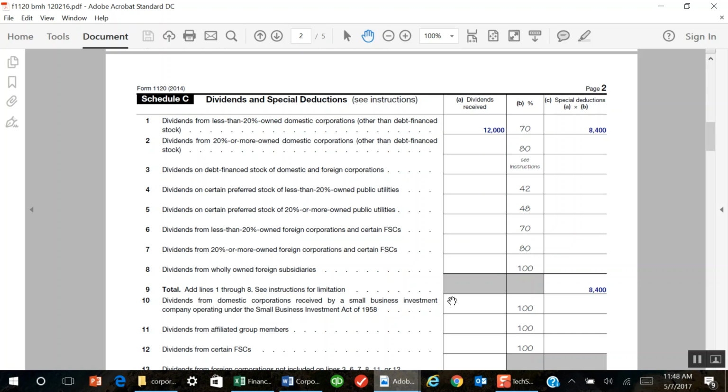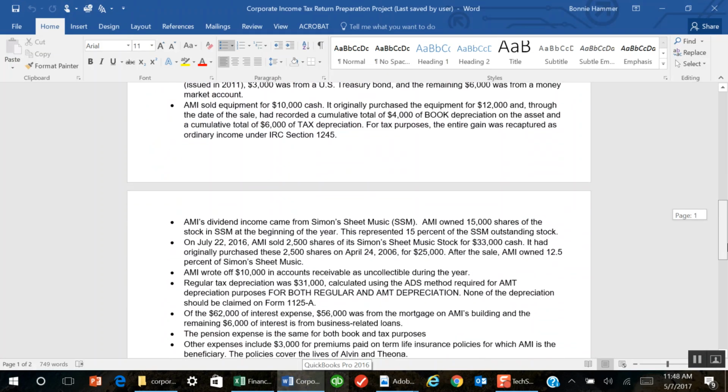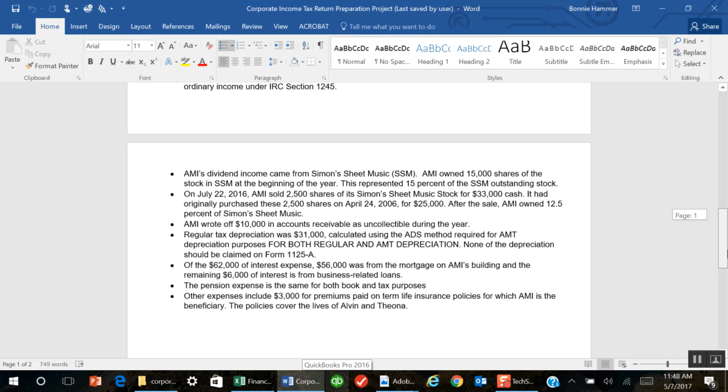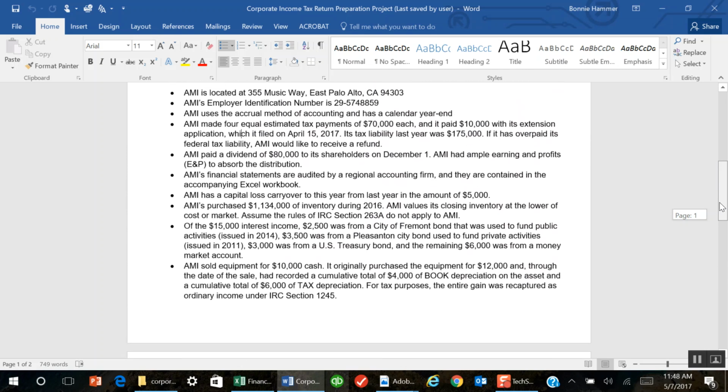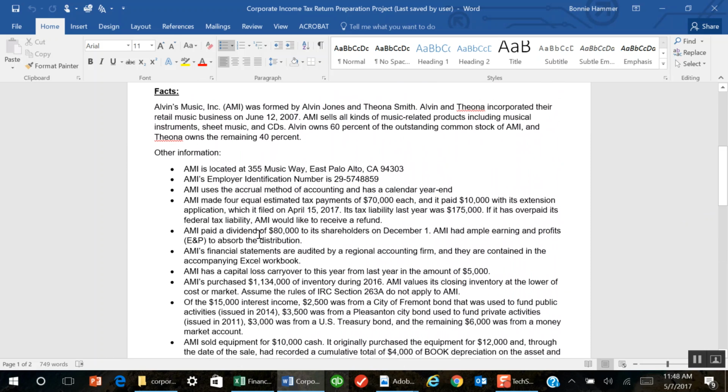So those two individuals who own AMI got in total $80,000 worth of dividends. How do I know that? It was in my facts. Somewhere I told you guys this. AMI paid a dividend of $80,000 to its shareholders on December 1st.